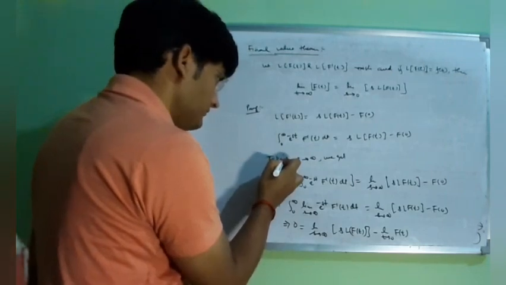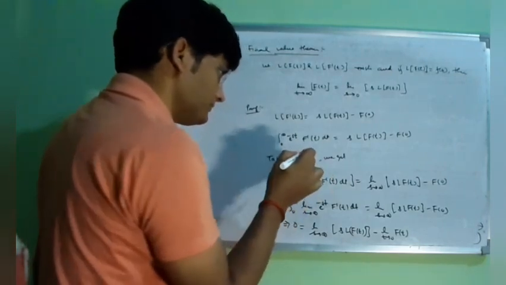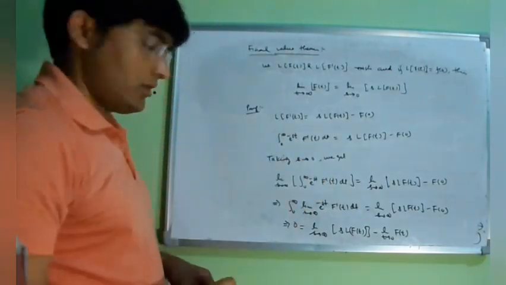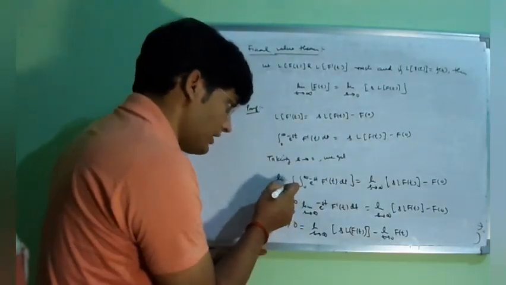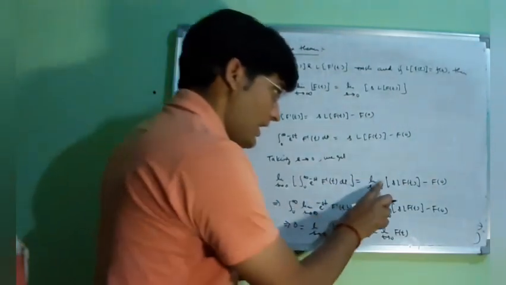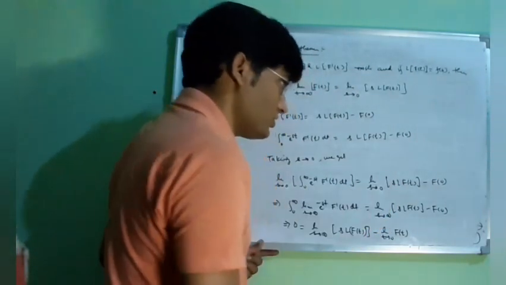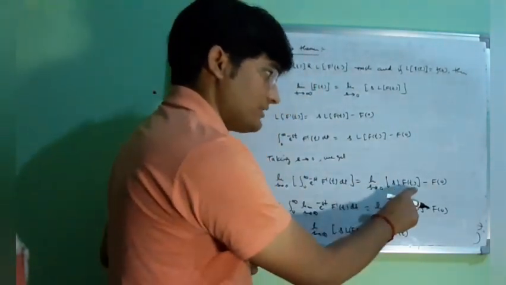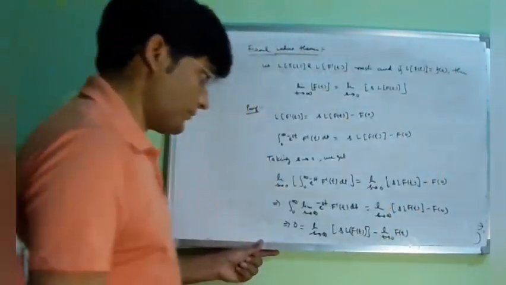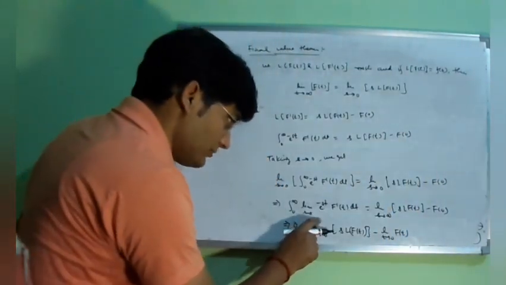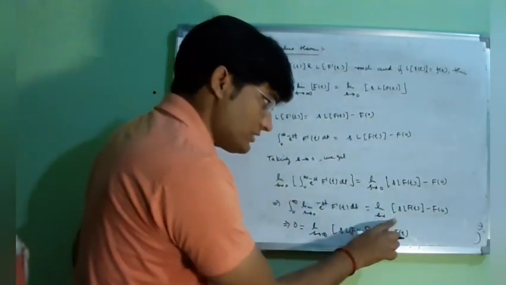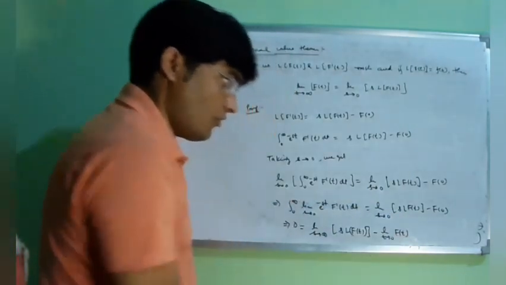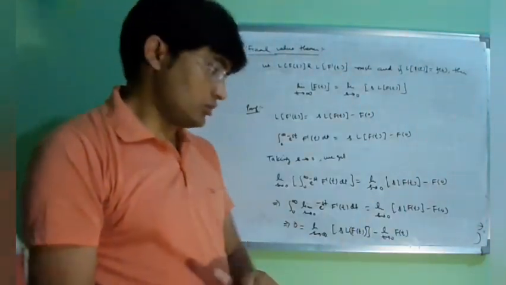Now taking limit s tends to 0. Now if s tends to 0, then we will have limit s tends to 0 of the integral of e to the power minus st f'(t) dt equal to limit s tends to 0 of s Laplace f(t) minus f(0).